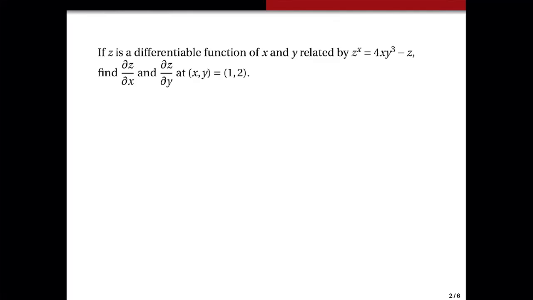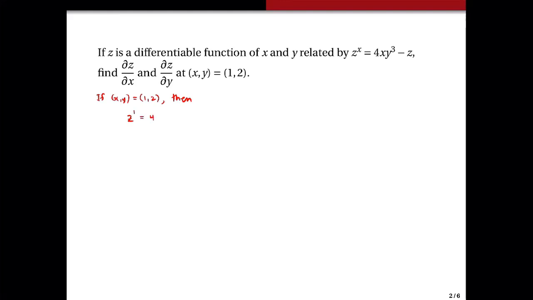So let's start with this. We have the point x comma y, and we have these three variables here where z depends on x and y. So let's find the value of z when x comma y equals 1 comma 2. If x comma y equals 1 comma 2, then we will have z to the power 1.